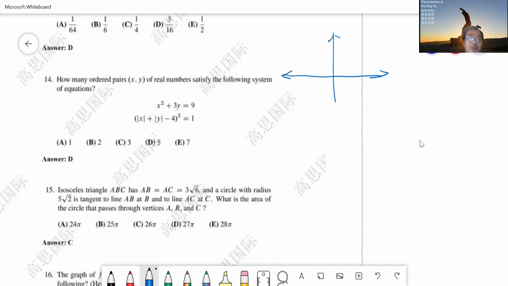So for this one we can put y on one side. So 3y equals, negative 3y equals x squared minus 9. So then we have y equals negative x squared over 3, then plus 3.